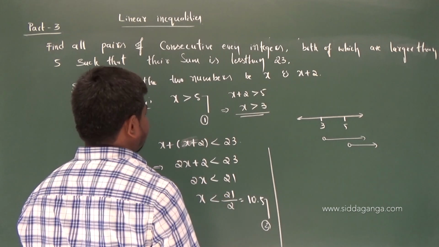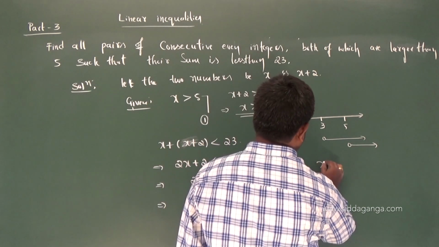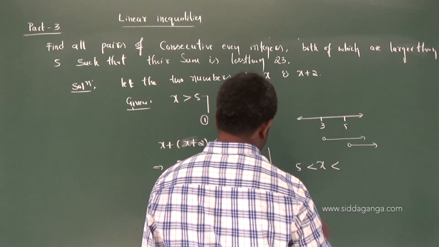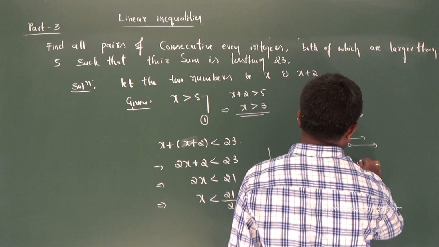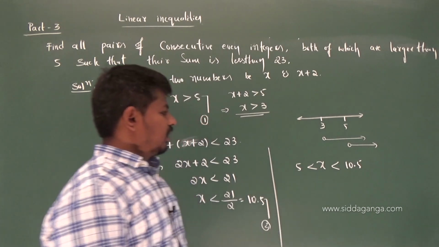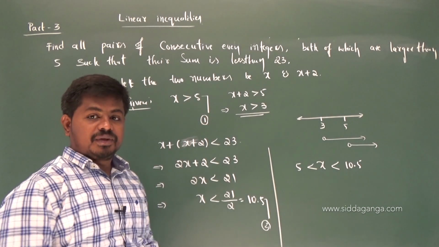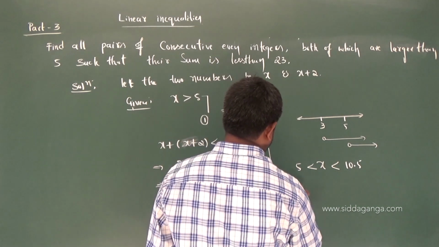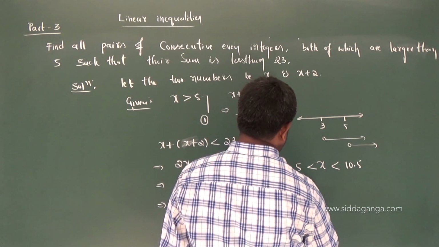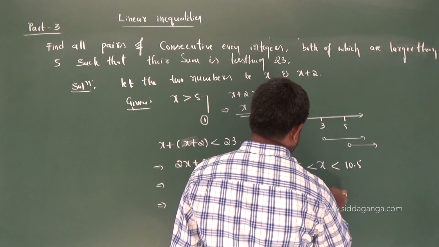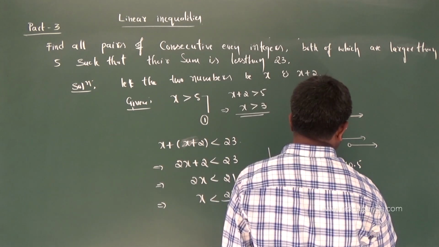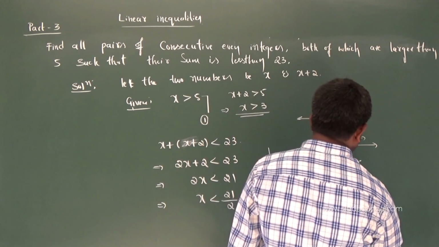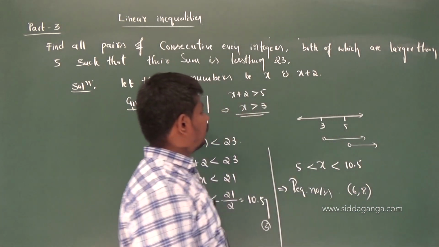From 1 and 2, x is greater than 5 and less than 10.5. You have to consider the values in between these two. Then take even integers in between 5 and 10.5. So the required numbers are, the first one is when you take 6, the pair becomes 6 and 8, such that the sum of these two, 14, is less than 23.